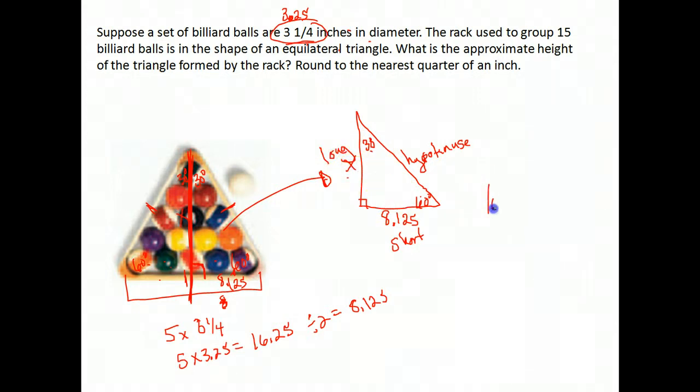So I look in my formulas for 30, 60, 90, and I notice that the long leg is equal to the short times the square root of 3. Okay, well, that would give me my x is equal to the short leg, which was 8.125, times the square root of 3. Now it wants my answer rounded to the nearest tenth, so I'm just going to take out a calculator and multiply that.